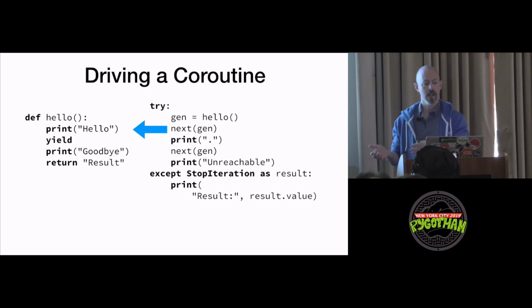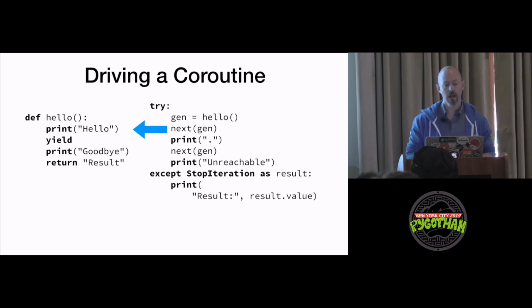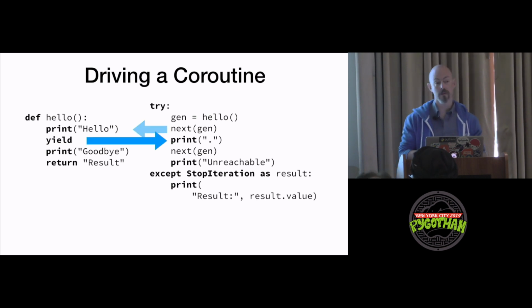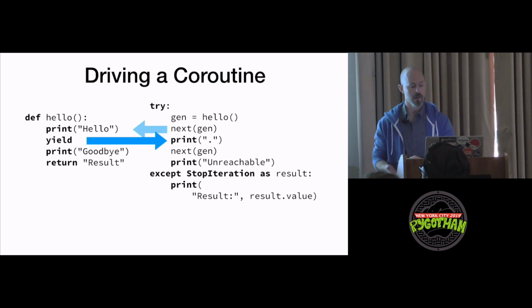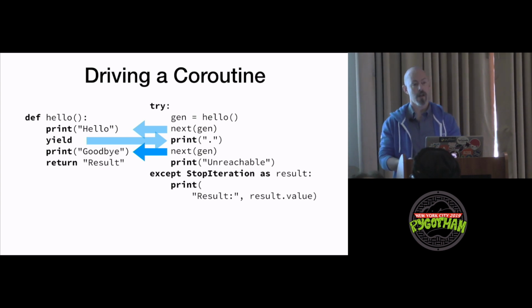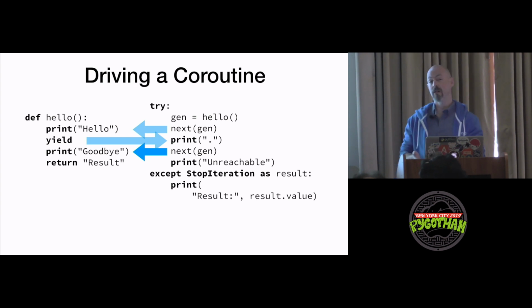So when we call next, it yields control into the coroutine, which prints hello. When that yield command is executed, it yields control back to the calling code, the code on the right-hand side, and we print the dot. And then we yield control using next back into the hello coroutine, which runs to the end now, which means that it will print goodbye, and then it will return the result string back to the calling code on the right-hand side.